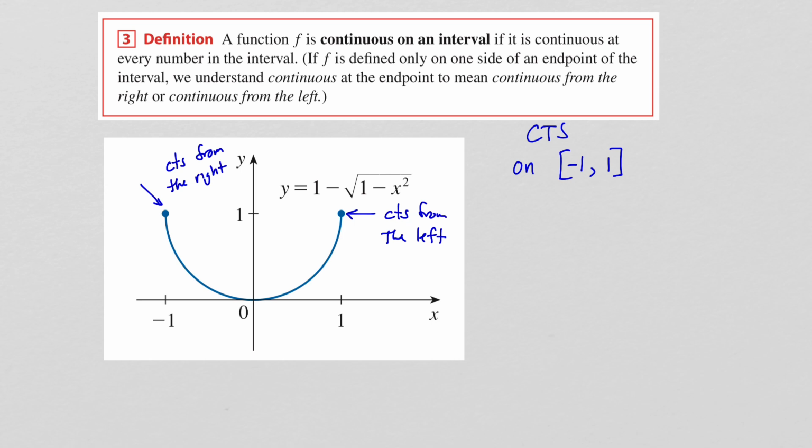Because if you're on this function moving toward that point, you can only be moving toward x equals 1 from the left-hand side. So we understand this is a continuous function, but at the endpoints, it's only continuous from the side where the function is defined.